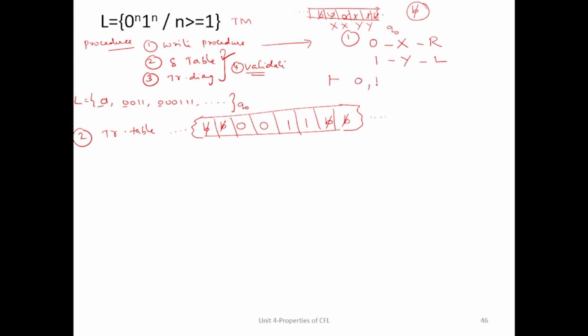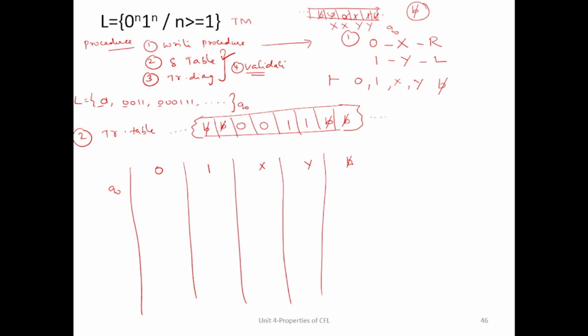Initially the tape symbols are 0 and 1, and finally the tape symbols are X and Y. So there are these 4 symbols, and apart from 0, 1, X and Y, the blank symbol is also available on the tape. So there are 5 notations. I use these 5 symbols in one column, and my initial state is Q0. So I draw the transition table like this.